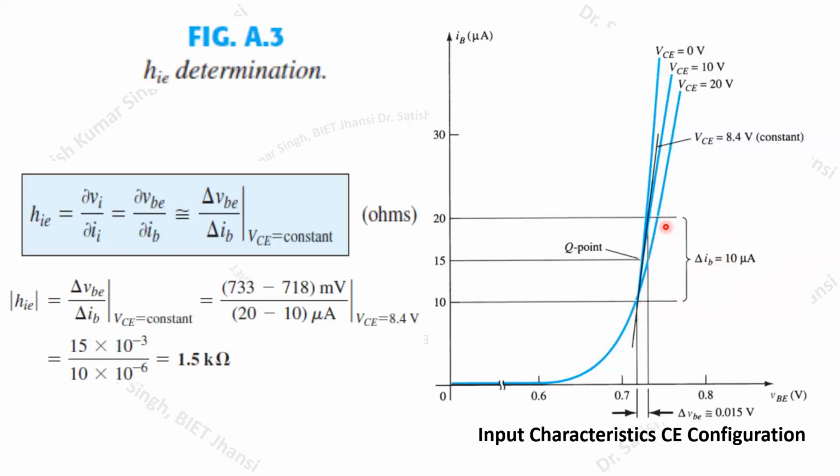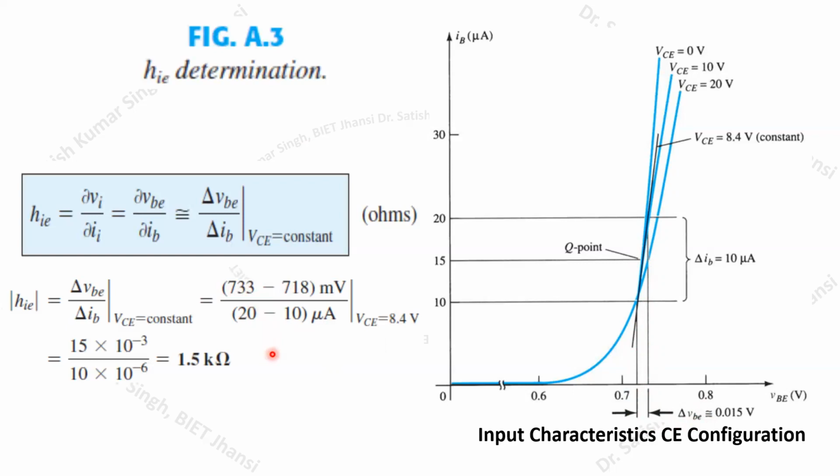While choosing these values of delta IB on this particular curve, we again draw a perpendicular, a small perpendicular line onto the x-axis. You will be able to calculate the delta VBE. Remember, this delta VBE will be a very small value. So here you can get this delta VBE.